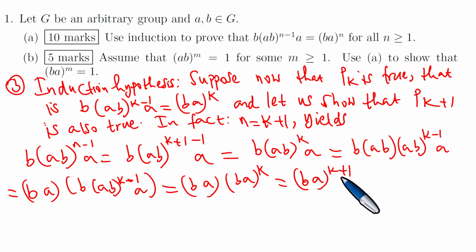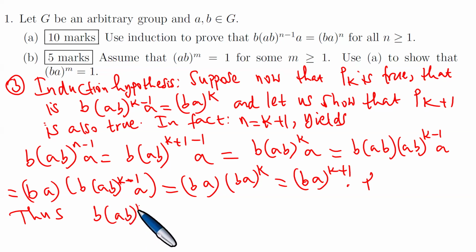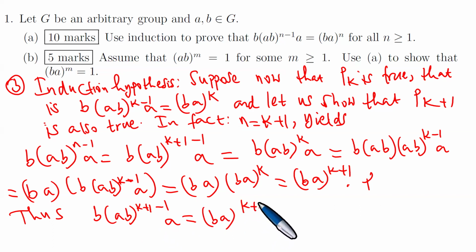We can even say with confidence what we were supposed to show: that if you put k plus 1 in the place of n, then b(ab)^(k+1-1)a is always the same as (ba) to the power k plus 1. So this is actually what we have.